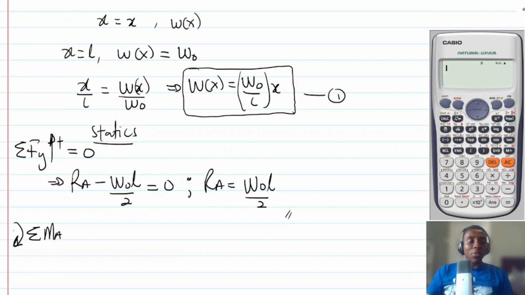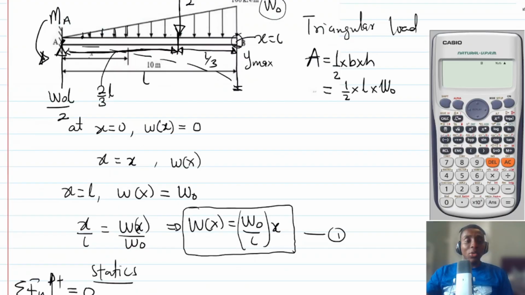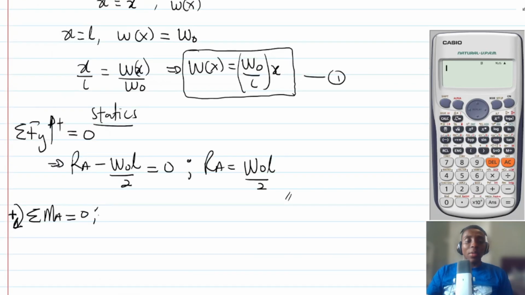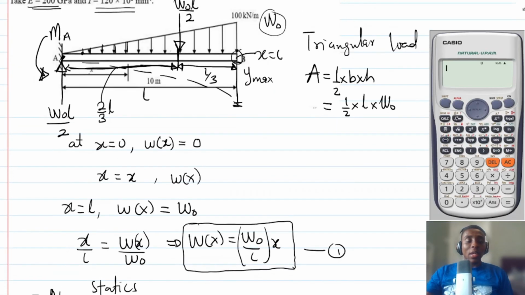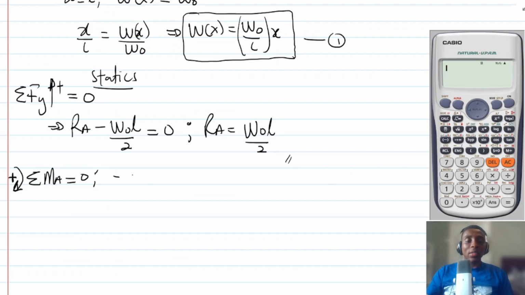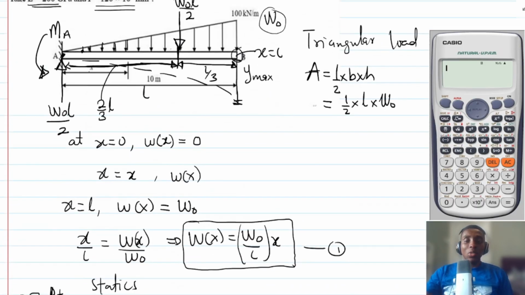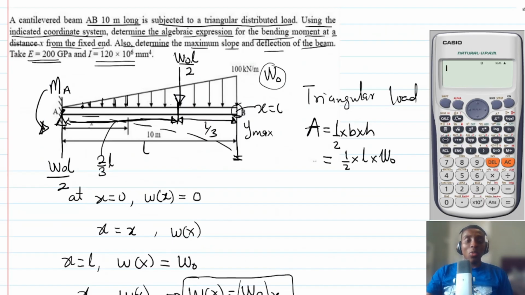Summing moments about point A, clockwise positive, equal to 0 for equilibrium. If you look at the moment carefully, the MA itself is a moment, but it is counterclockwise, so it's going to be minus MA. What else? You can see that this loading here, which is W naught L/2, is a load. So you multiply the load by the distance, which is 2/3L.